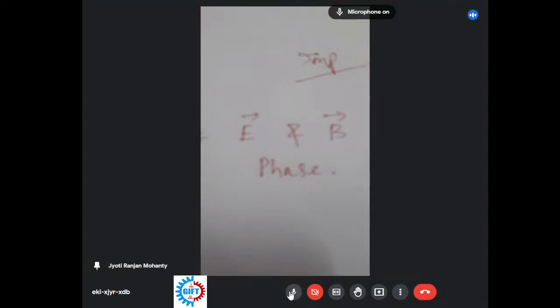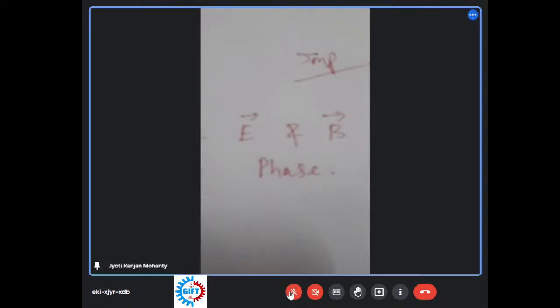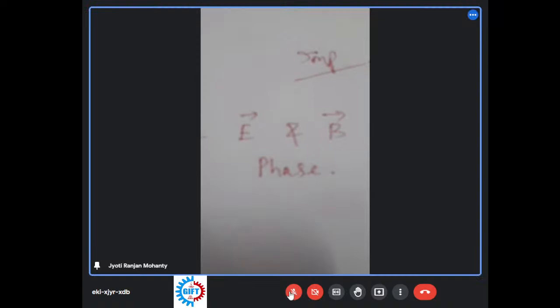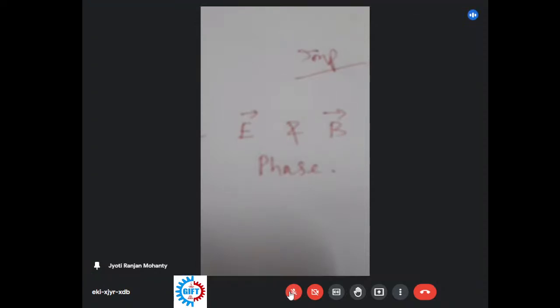Means E and B have same relative magnitudes. सर नहीं same दिख रहा है relative magnitude.